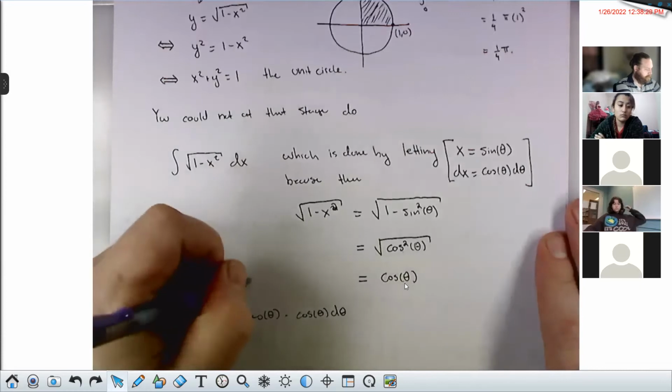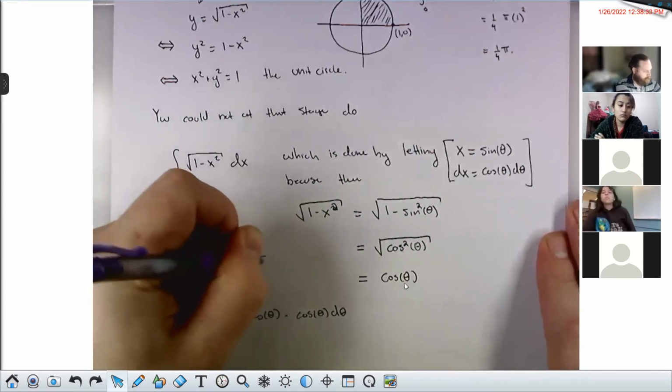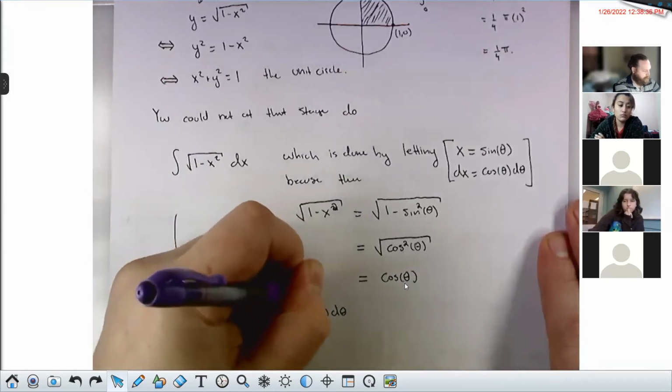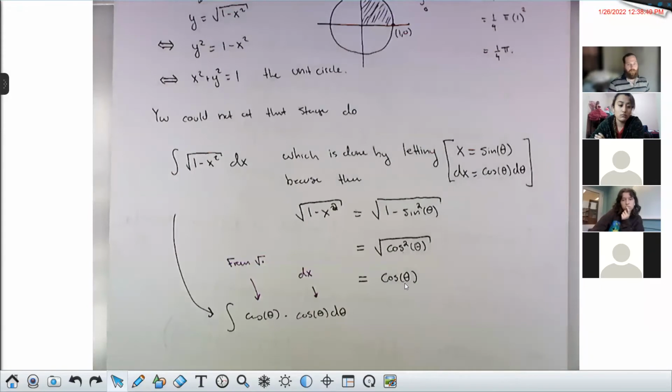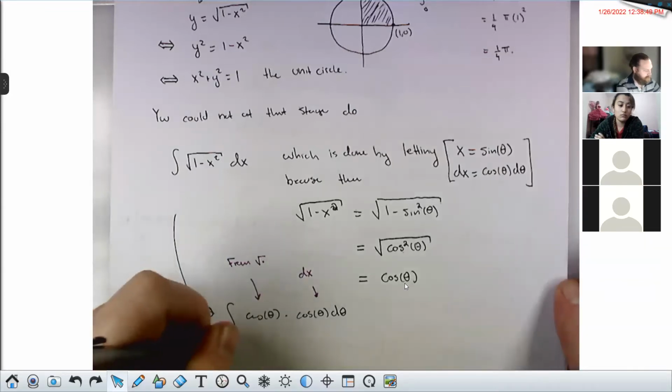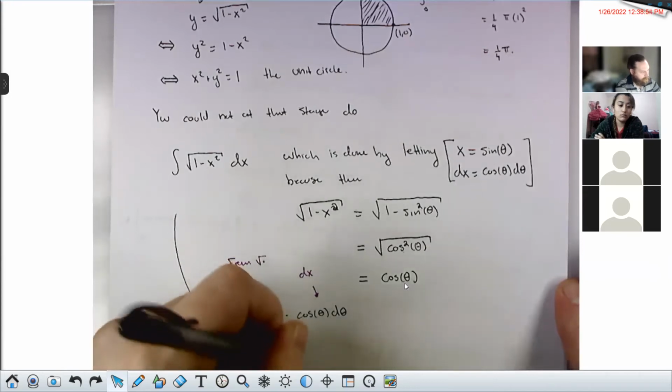This piece coming from the square root, this piece is dx. And the magic is that this is now the integral of cos squared theta d theta.